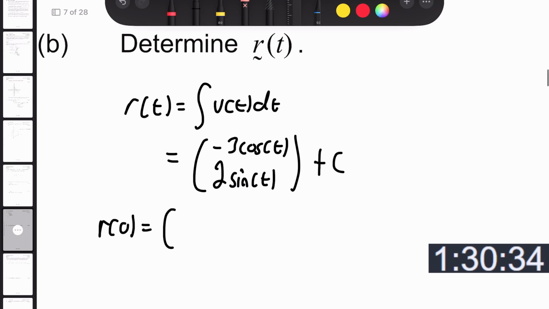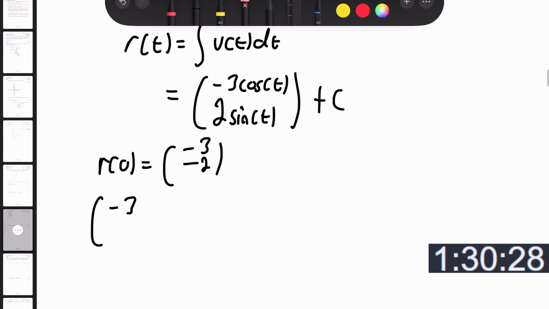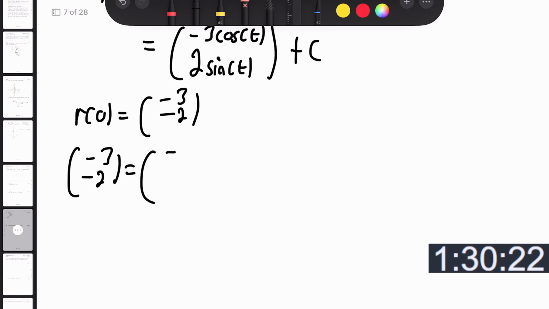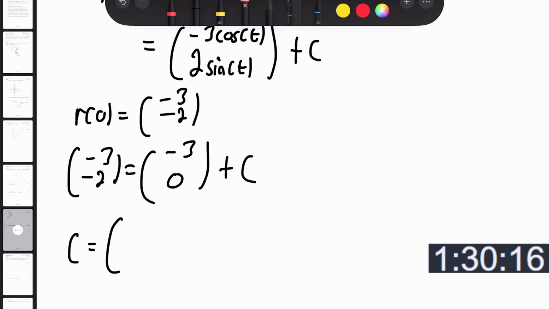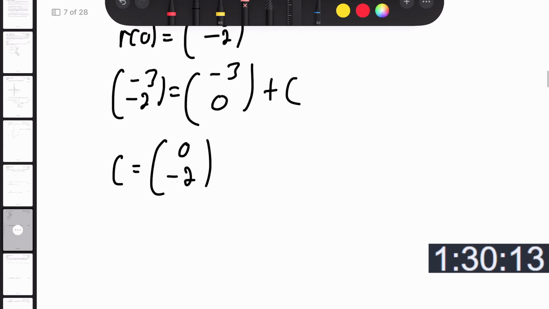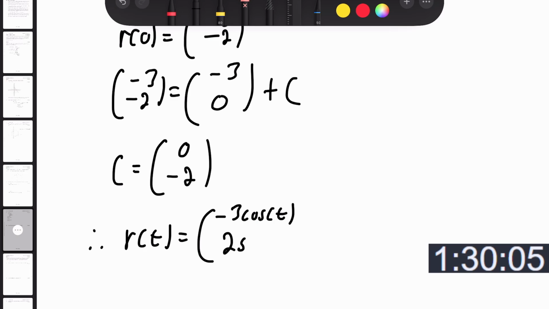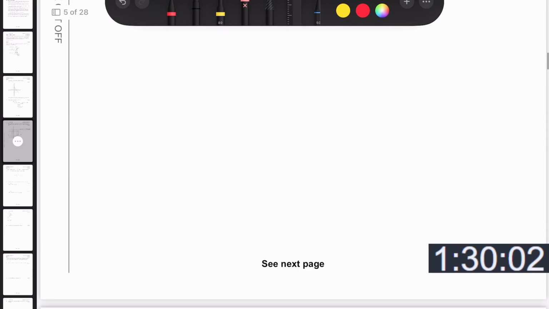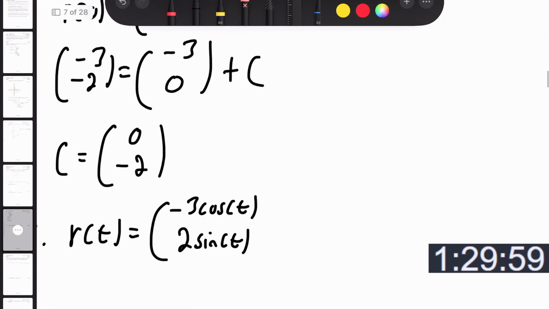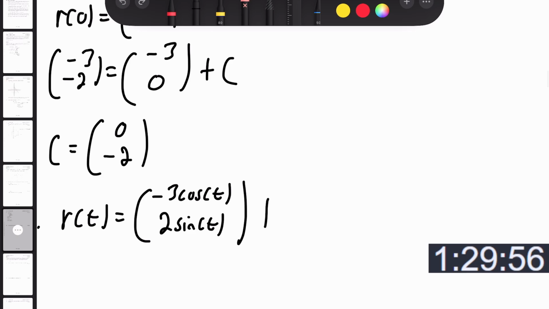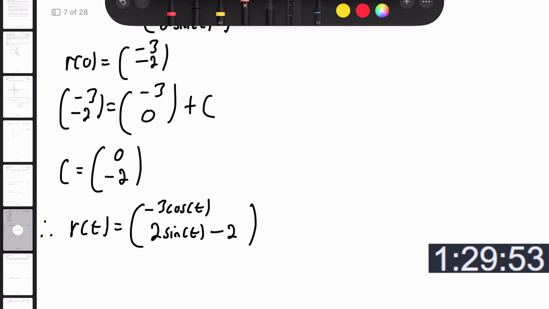Now r of 0 is equal to -3, -2. So we have that -3, -2 is equal to, cosine of 0 is just 1, so it's going to be -3, sine of 0 is 0, plus c, therefore c must be 0, -2. So then r of t must equal -3 cosine of t, 2 sine of t, plus, hold on, now I just do it from here, t minus 2.